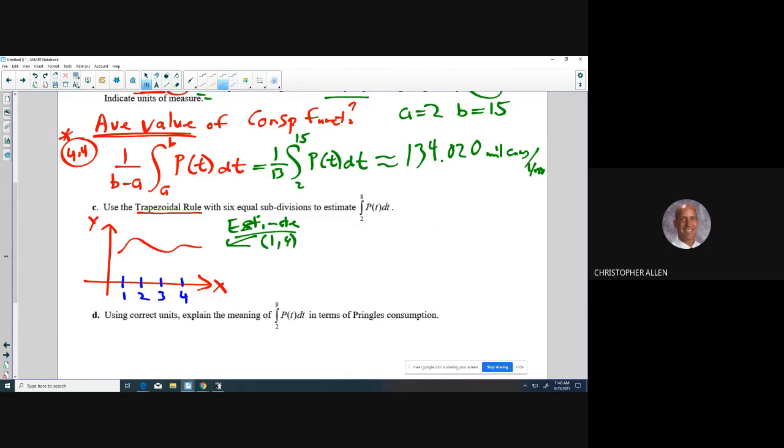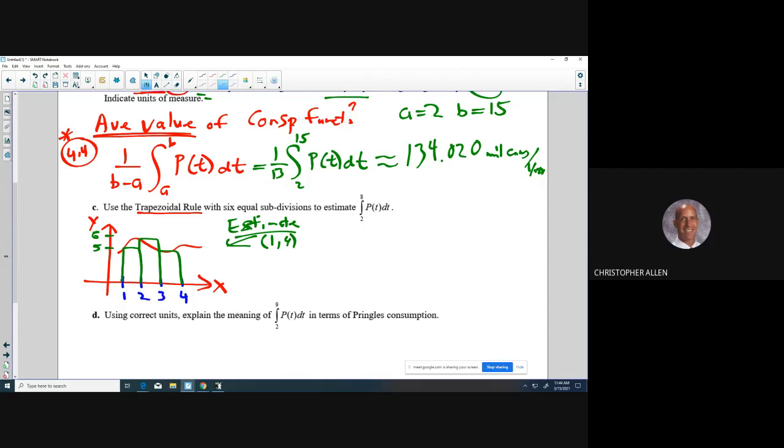Okay? So one way I could do it, and you'll probably remember this from the past, is I could use left Riemann sums. I could do something like this, and there'd be 3 rectangles. And just to keep this super simple, let's say that this is 5, and let's say that that's 6.